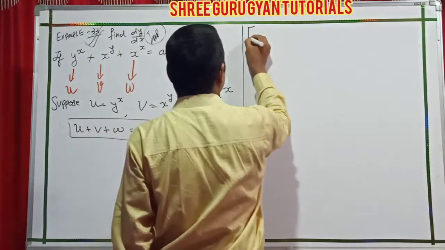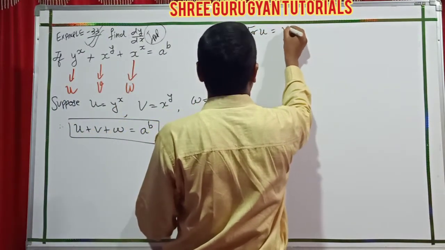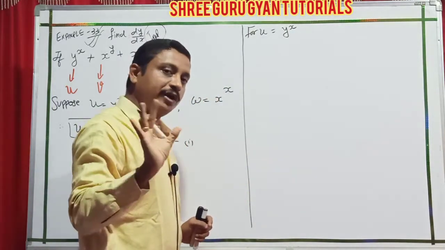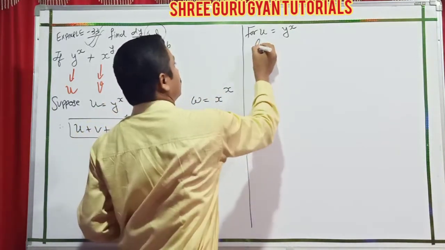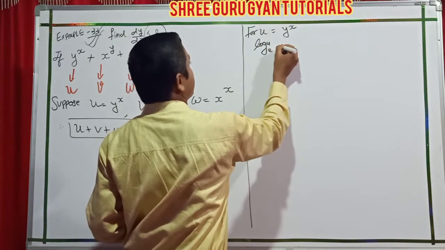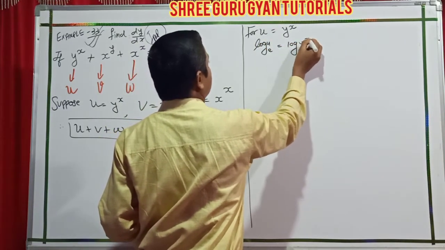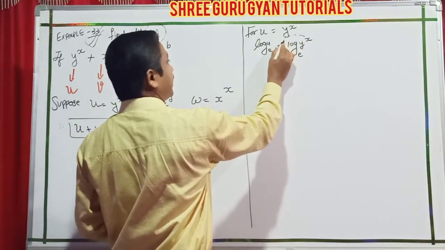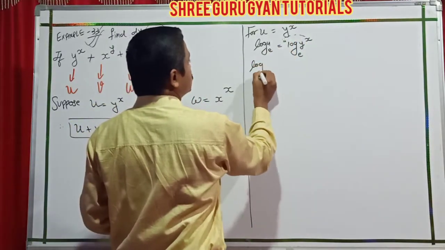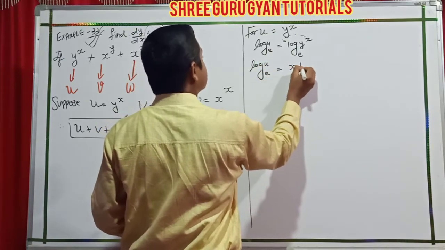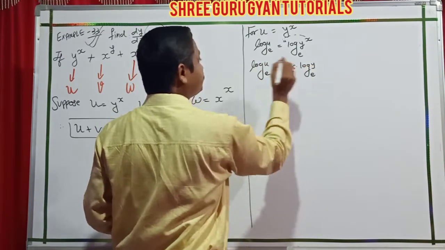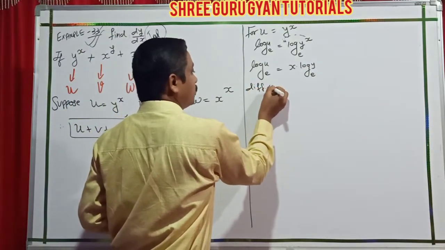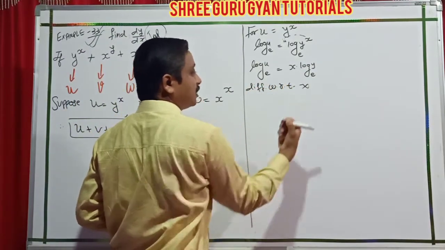So for u, my value is y raised to x. Base and power are both variables, so apply log with base e, and this x you just carry forward according to the property. So log u base e equals x into log y base e, and start differentiation with respect to x.